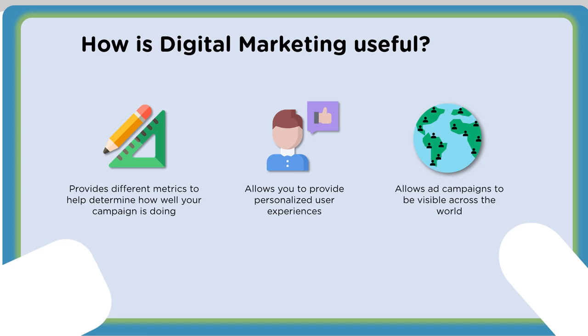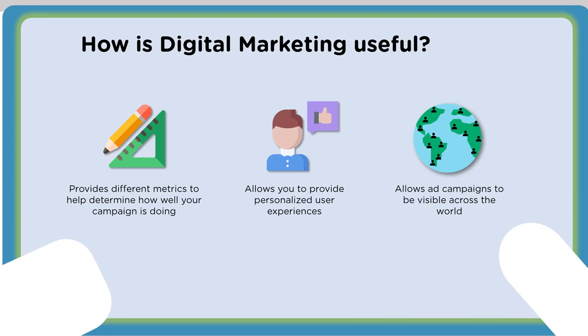And if it didn't perform up to expectation, you can make changes to improve performance. That's called optimization. Okay, so that's the great thing about digital marketing. It's useful in that we get data, in some cases instantaneously, and we're able to make changes in order to optimize that campaign.